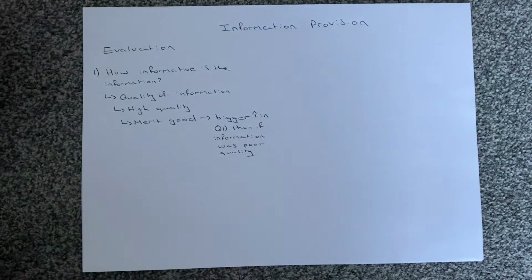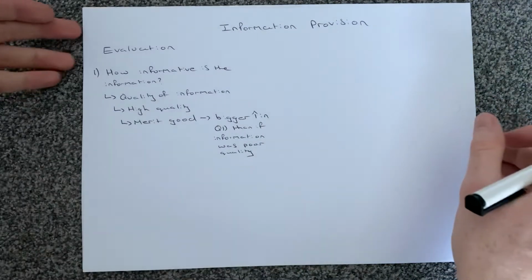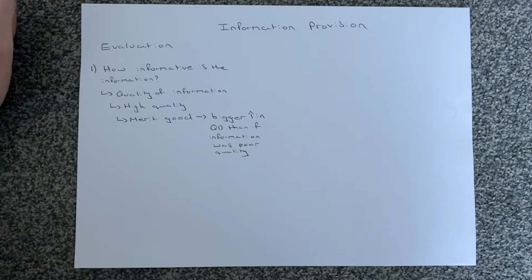So let's just elaborate on this. So for example, vaccines are an example of a merit good. Okay, so if the government said in a press conference or in a public announcement, if they said vaccines are good for you, this vaccine in particular, it's good for you, not many people are particularly going to go, oh, I think I'll have that vaccine because it's good for me.